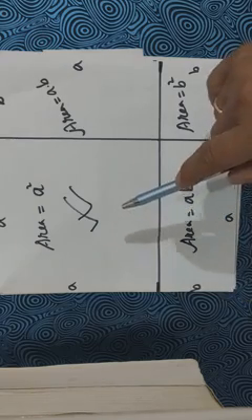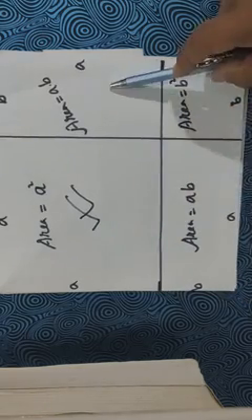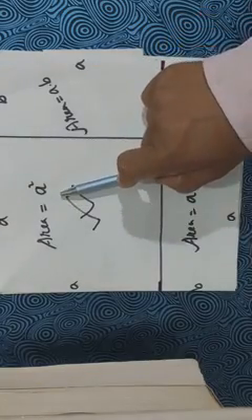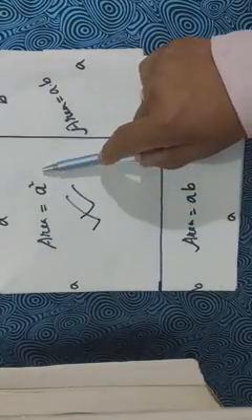After finding the squares and rectangles, you have to find the area of each. If the side is A, the area will be A square, and if the side is B, the area will be B square.